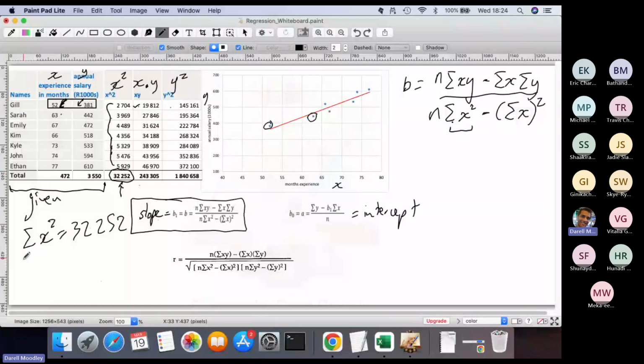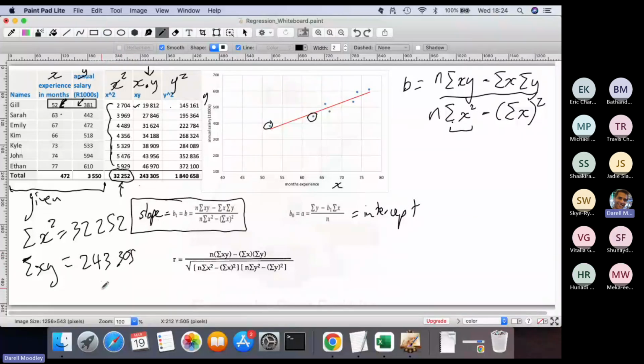So my sum xy is the sum of this column here, which is 243,305. And then sum y squared is equal to 1,840,658.